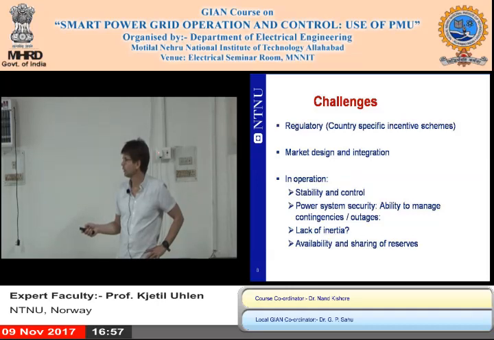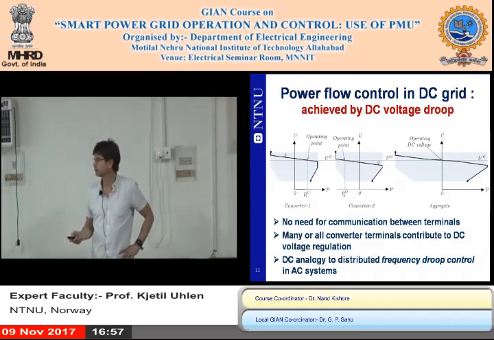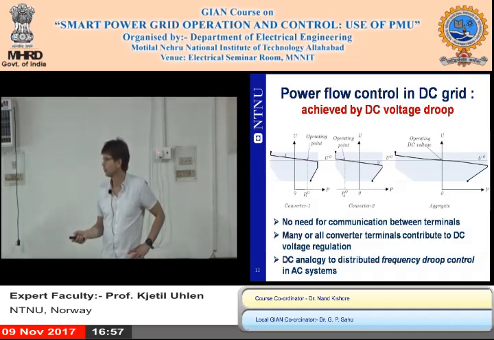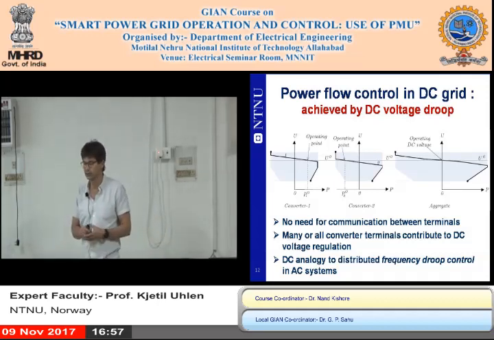And when there is a deviation, the voltage will be adjusted to maintain that balance. In this way, there is no need for communication between the terminals. You make all the converters that are equipped with voltage droop contribute to the DC voltage regulation.